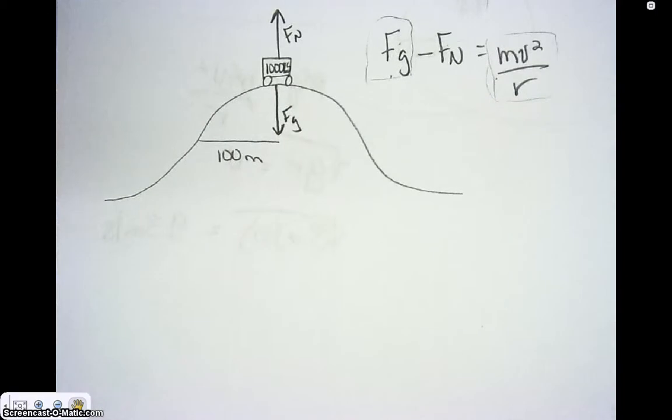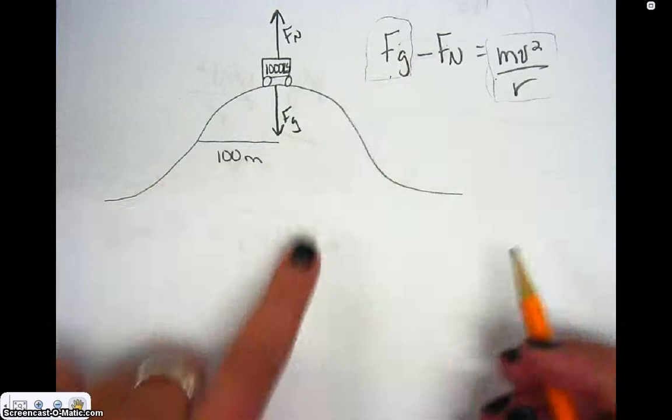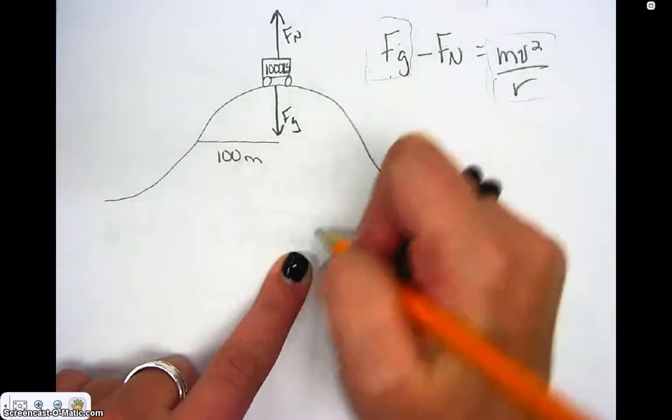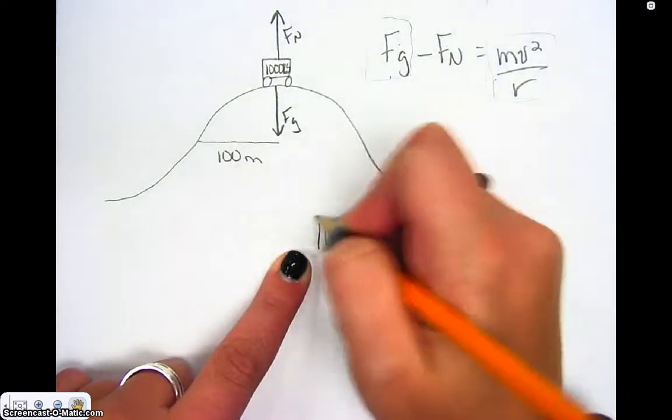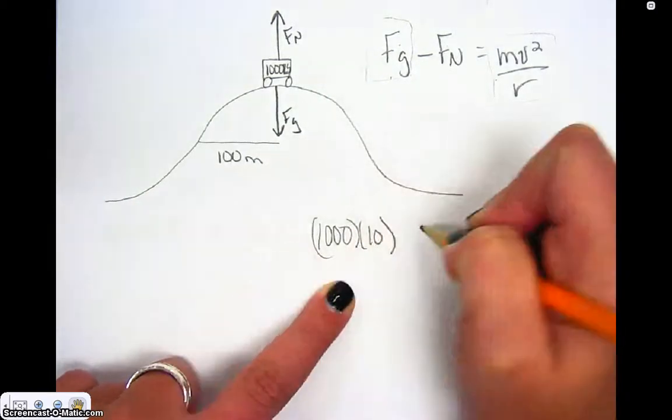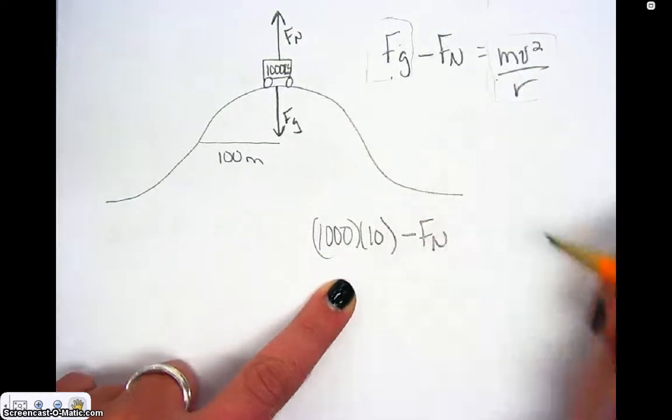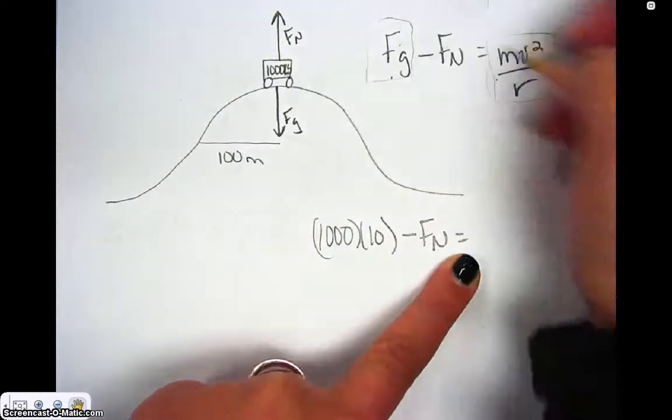Now all we have to do is really plug and chug. We've got Fg, which is mg, so 1,000 times 10 minus Fn is equal to mv squared over r.